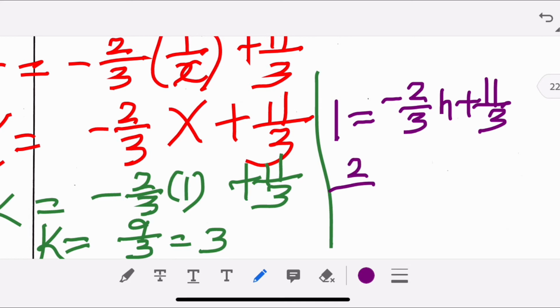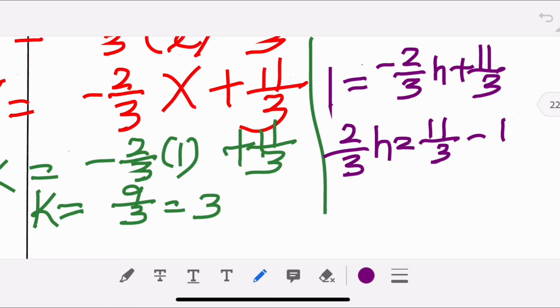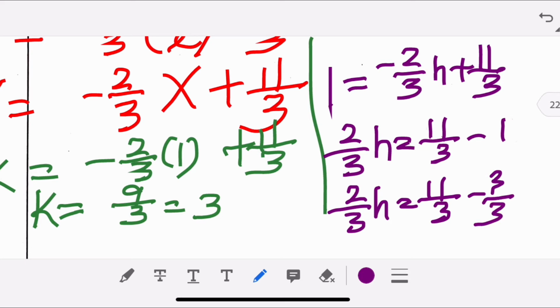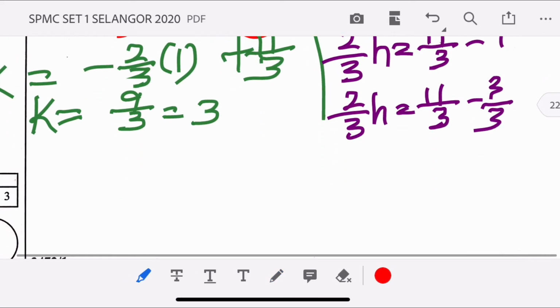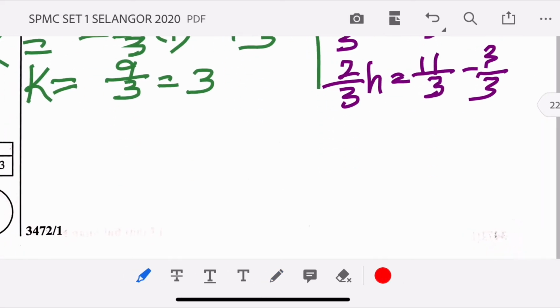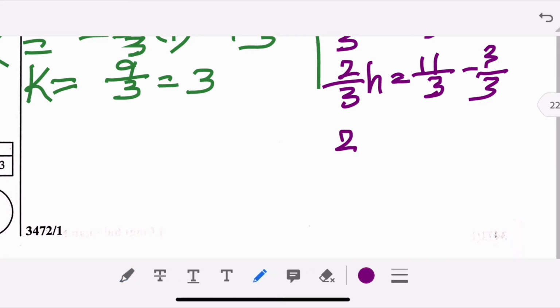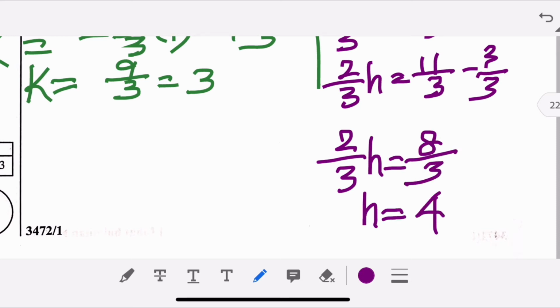So 2 over 3h is 11 over 3 minus 1. Right? So 2 over 3h is equal to 11 minus 3 over 3. So I'm getting 2 over 3h equal to 8 over 3. So hence h is 4.